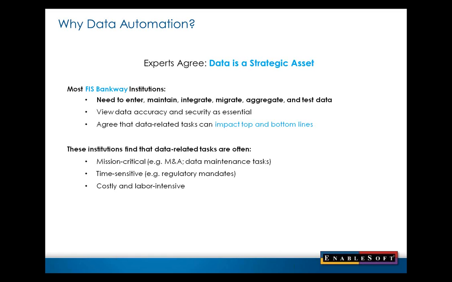And likewise, we find that financial institutions have a need to enter data, maintain it, integrate it, or migrate it and so on. And when doing these things, many times organizations like yourself have mission critical activities, or there's a time sensitivity to getting some of these things done.